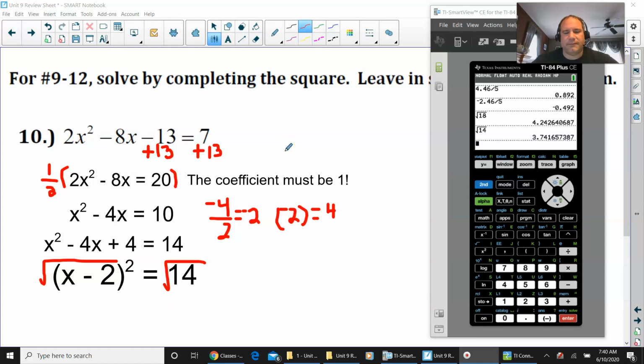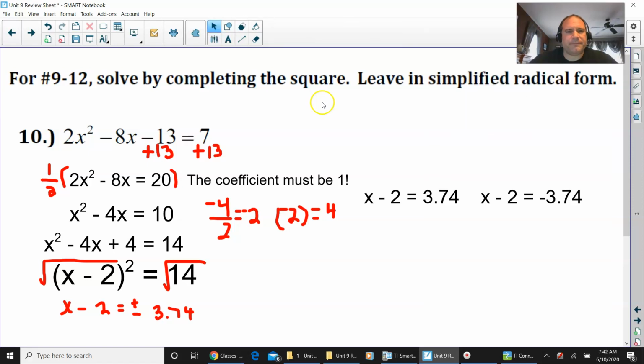All right. And we have x minus 2 equals plus or minus 3.74. I split them up over here, and I'm going to add 2 to both sides. This side becomes x equals 5.74.